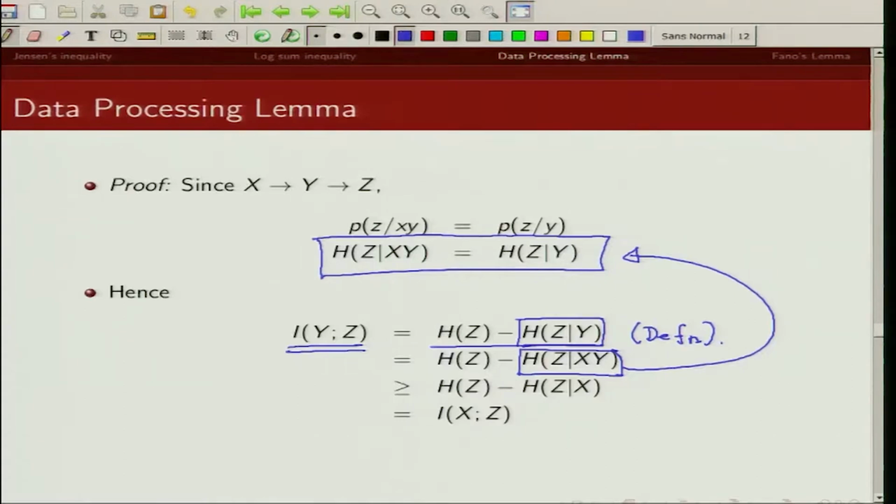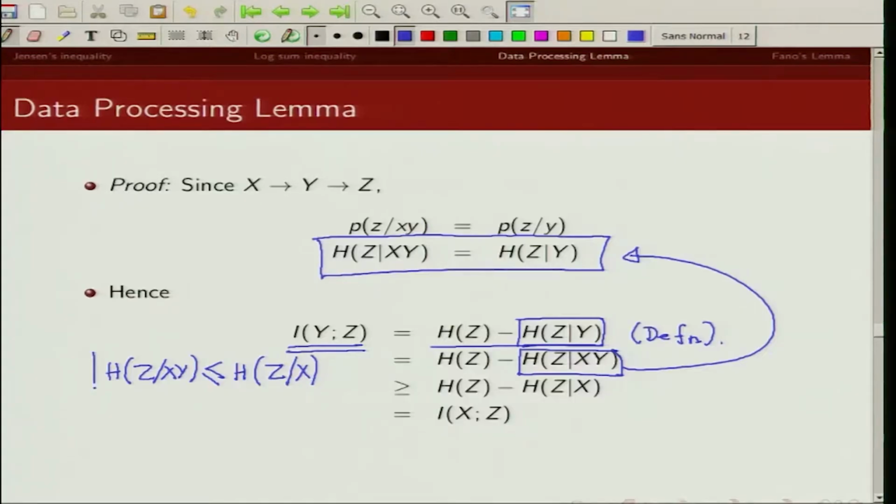Now I know that conditioning cannot increase entropy. So uncertainty in Z given XY is less than or equal to uncertainty in Z given X. This follows from the property that conditioning cannot increase entropy.